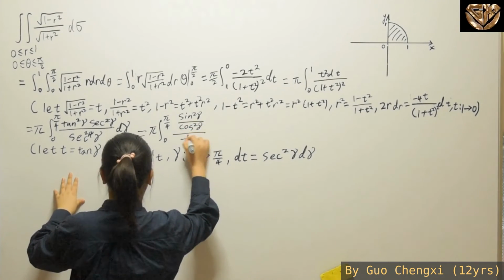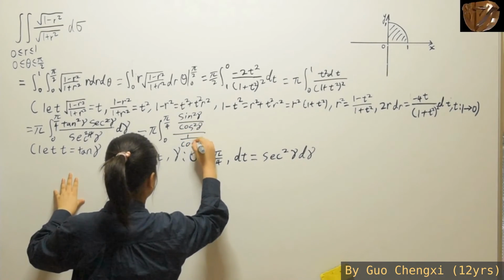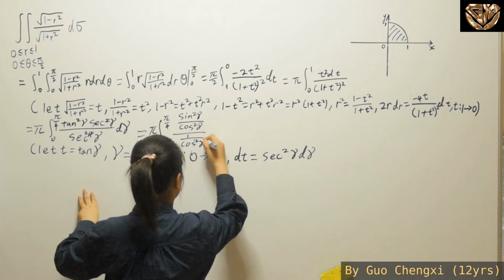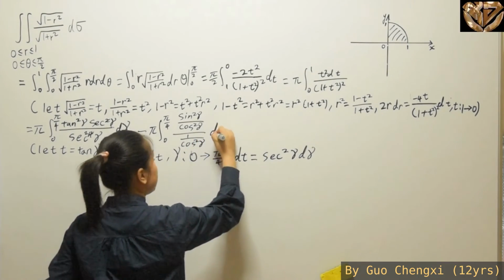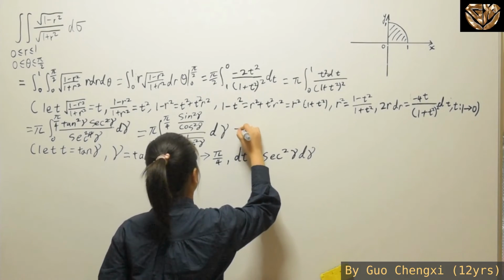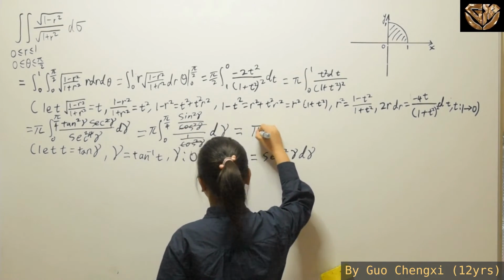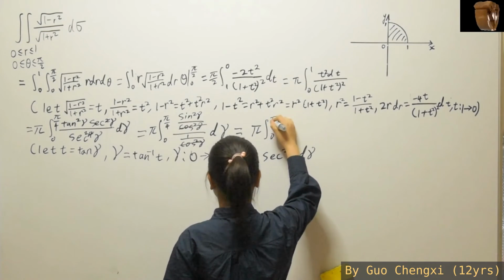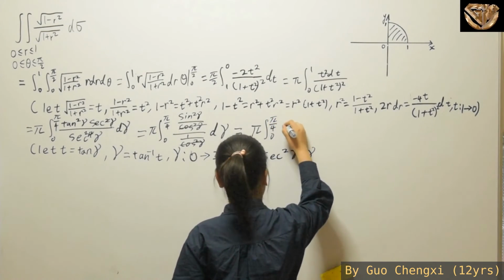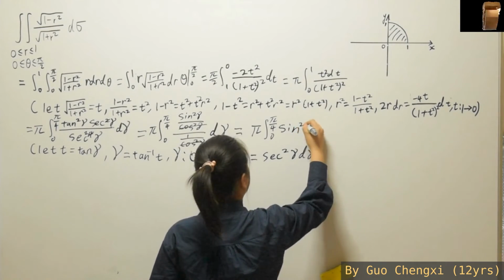While secant is basically 1 over cosine, so since here got square, here you're going to have square gamma, d gamma. So apparently these two parts you can straight up simplify it, and then you'll be left with this.